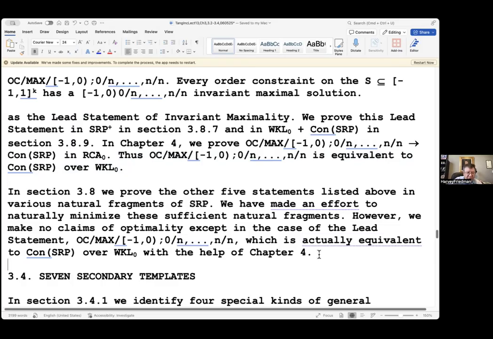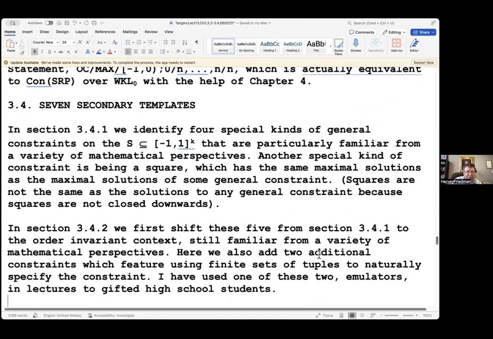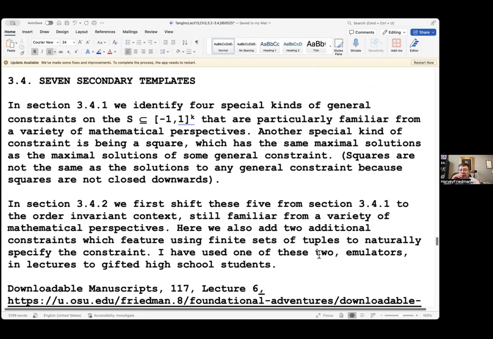Okay, so now here are the seven secondary templates sensitive to various mathematical interests. We identify four special kinds of general constraints that are particularly familiar to mathematicians.